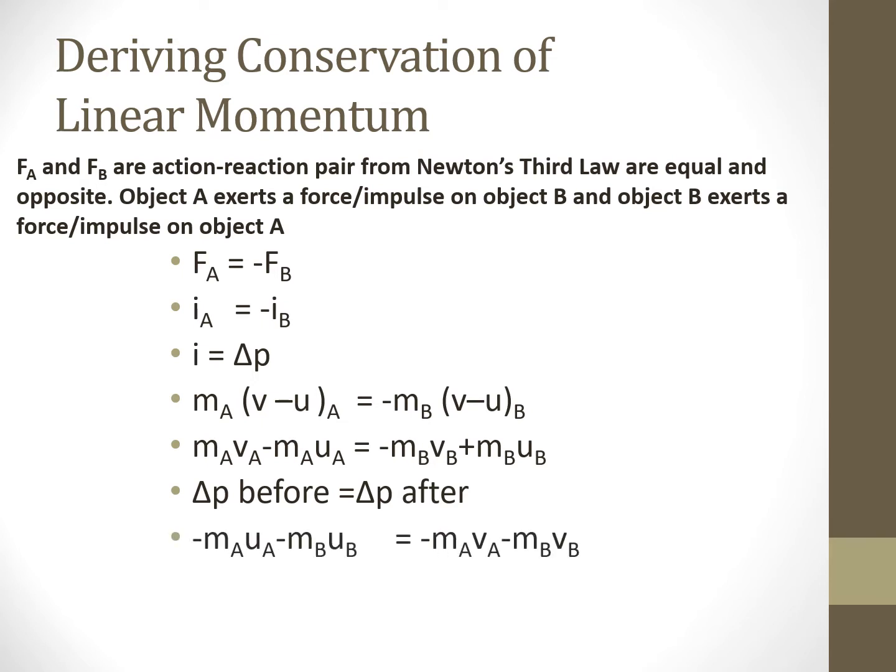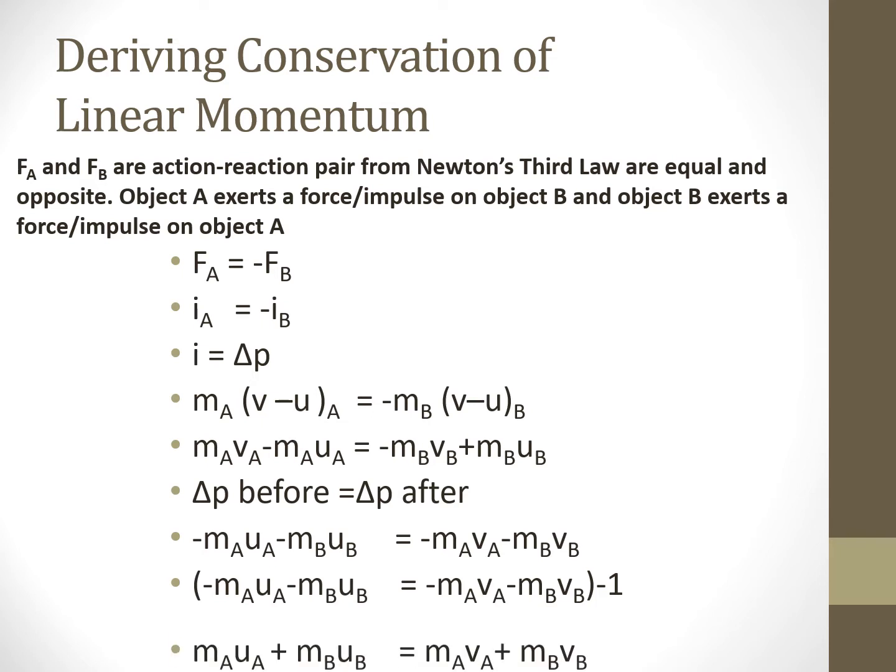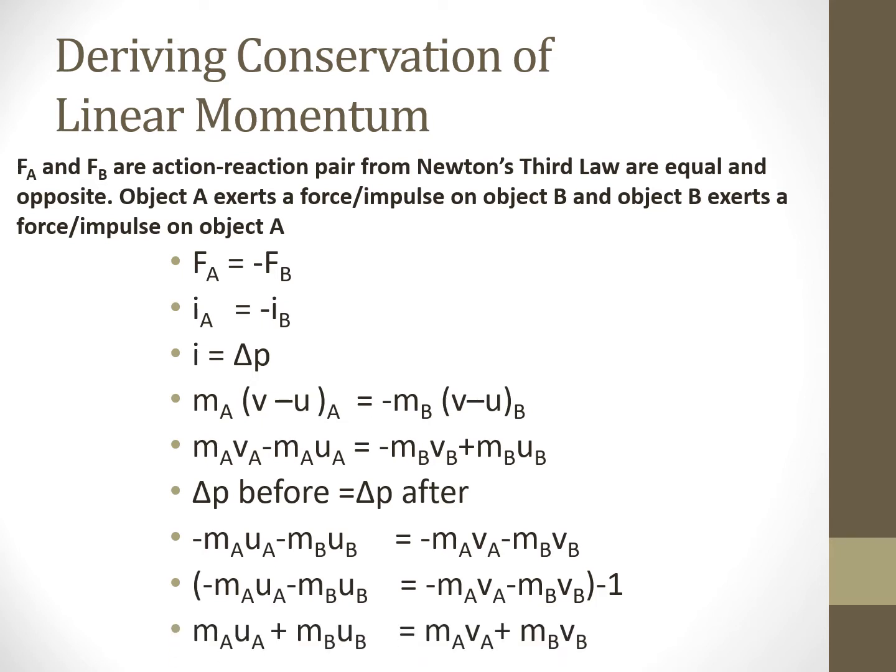We now have negative MAUA minus MBUB is equivalent to negative MAVA minus MBVB. Multiplying both sides by negative 1, we now have a final equation of MAUA plus MBUB is equivalent to MAVA plus MBVB.